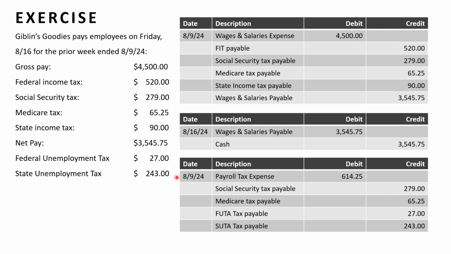To record the employer share of the payroll taxes, we debit the payroll tax expense for $614.25 and credit Social Security tax payable for $279. We credit the Medicare tax payable account for $65.25, credit the FUTA tax payable account for $27, and we credit the SUTA tax payable account for $243.